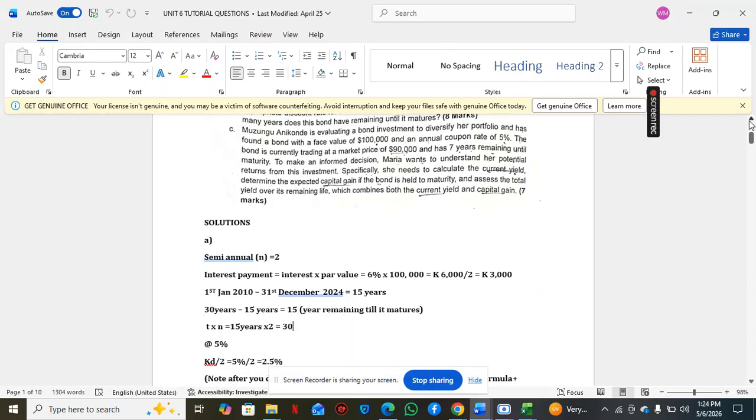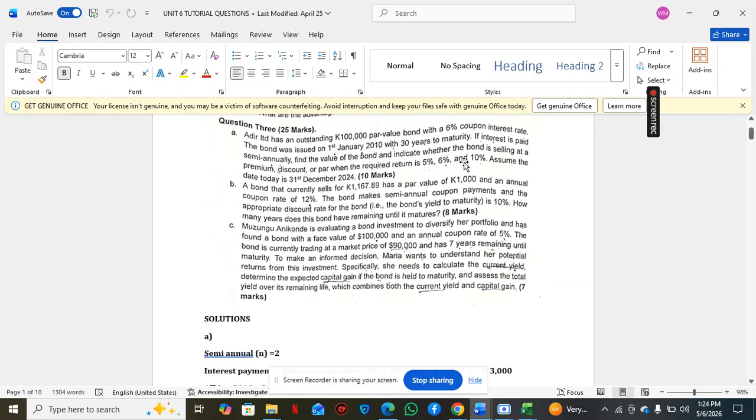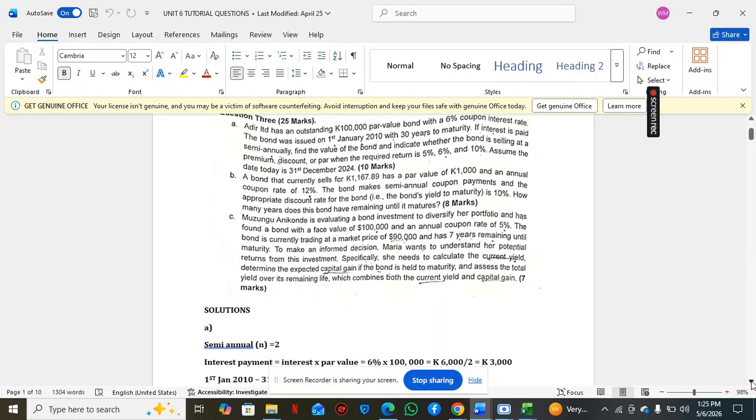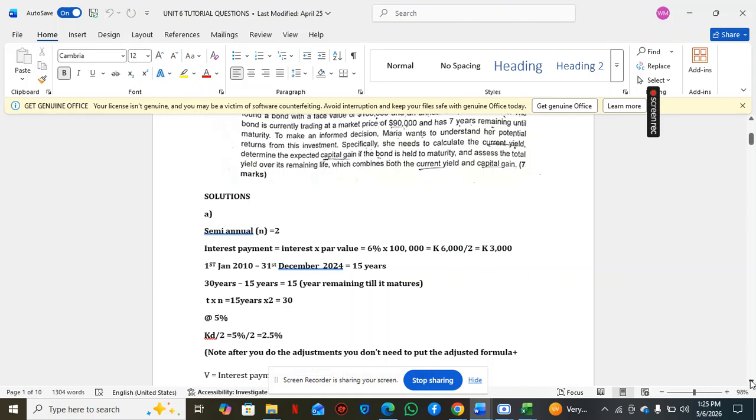Number two, the interest is paid semi-annually. So when interest is paid semi-annually, you have to halve the interest rate. You also have to halve the required rate of return, and you must multiply the number of years by 2.